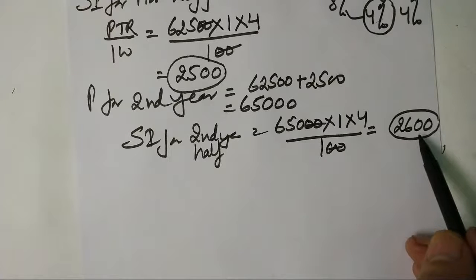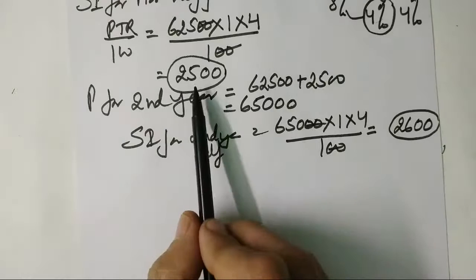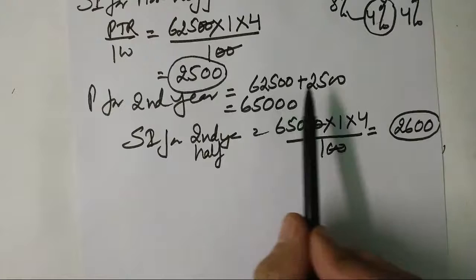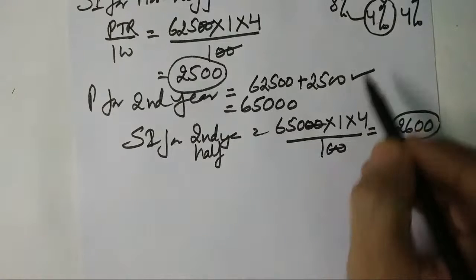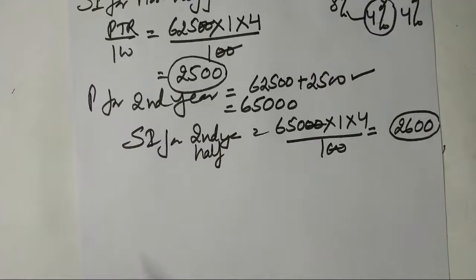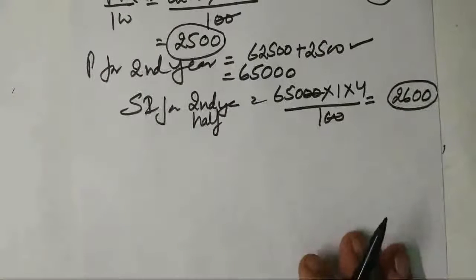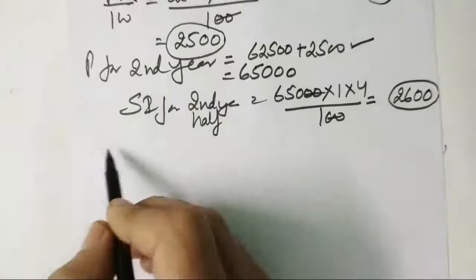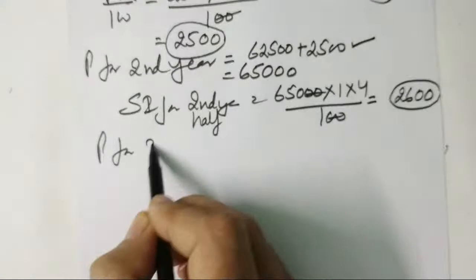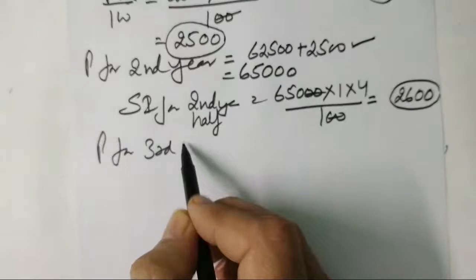So why is this coming more? Because you have earned more interest on more principal. Principal became more because every time we add the interest. So 2600 is the simple interest. Now you will calculate principal for the third half year.